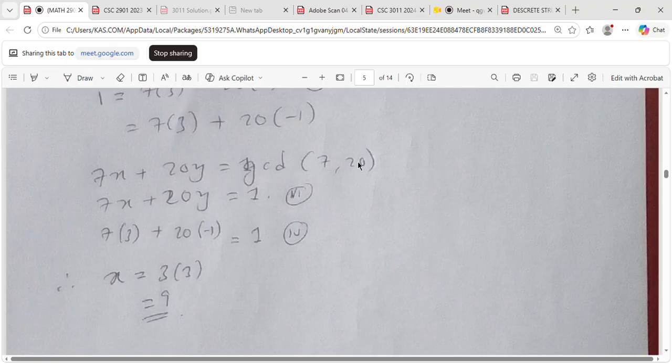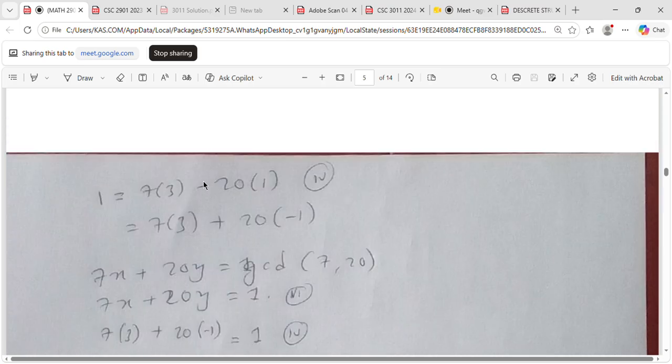You found the GCD of 7 and 20 is 1. Okay. Then compare this equation and the equation you have. So the equation we have is 7 times 3 plus 20 times some value. But remember, this is negative, so throw the negative into the bracket so that you remain with positive.